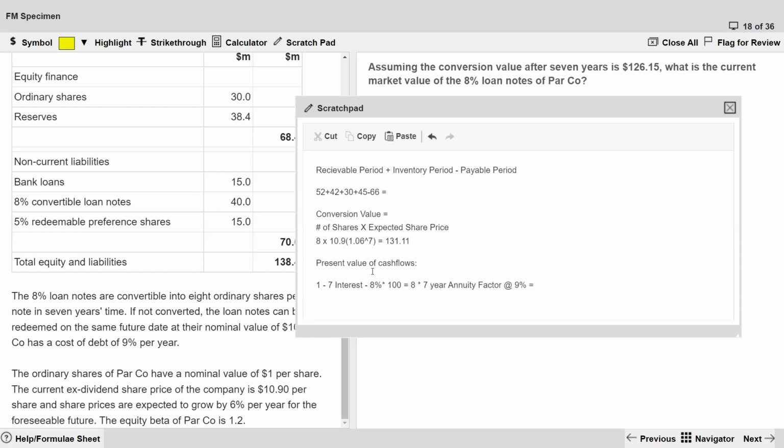That's one thing that you have to do. And then year 7, this cash flow of 126.15, you multiply it with the 7-year PV factor at 9%. So can you just try to calculate them? You don't just have to discount the conversion value, but rather you have to discount all the cash flows.